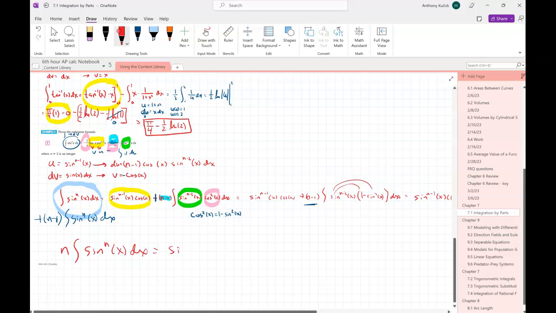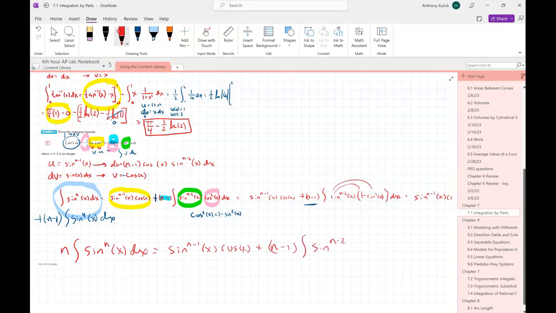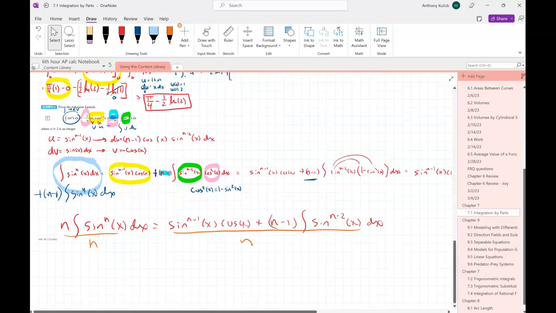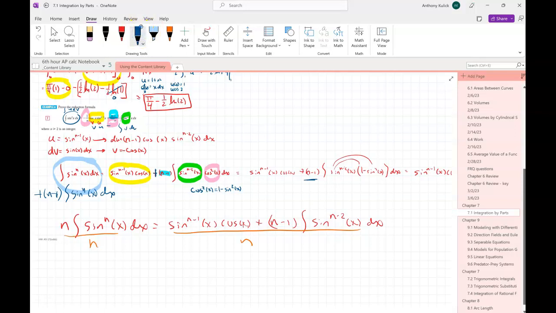We have sine to the n minus 1 x cosine x plus n minus 1 integral of sine to the n minus 2 x dx. And what's my last step going to be? Divide both sides by n. And I think I am there. Oops. Yeah, it's because I forgot to put the negative sign there when I did it.